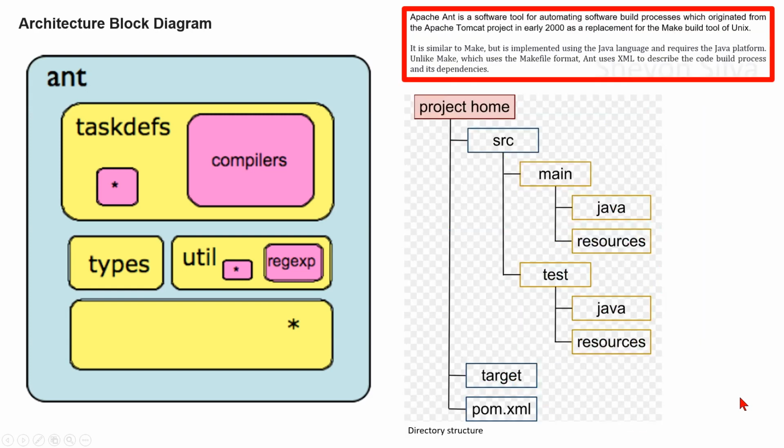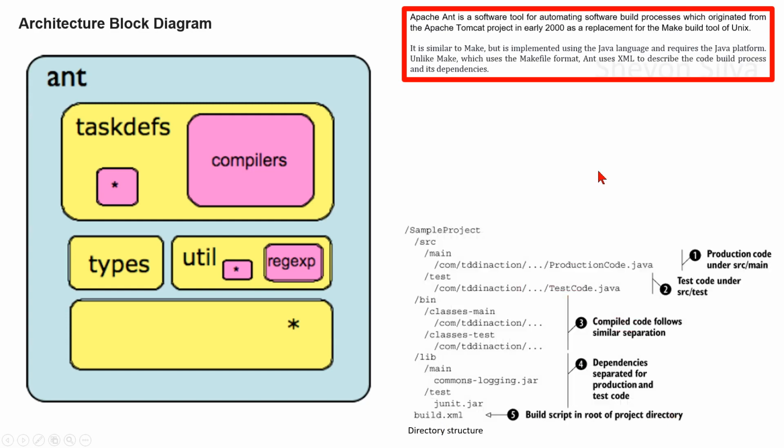Here you can see the directory structure. Here you can see the sample directory structure of a project while running tests with Ant. From the perspective of build scripts, we are not interested in what our Java classes can do here.